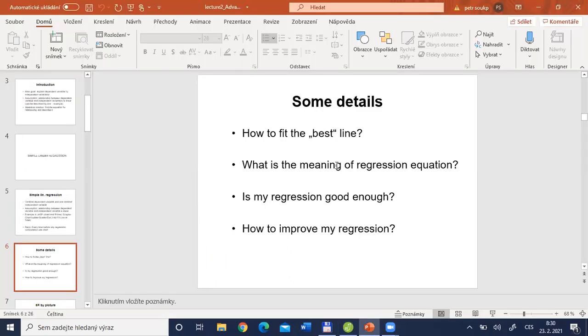Next, we will discuss the meaning of the regression equation. It means the parameters, the intercept and slope. We have covered briefly this topic previously. And then we will discuss the quality of the model, so whether my regression is good or not. And we will be discussing in some next lectures improvements of the regression model, inclusion of other variables, etc., etc.